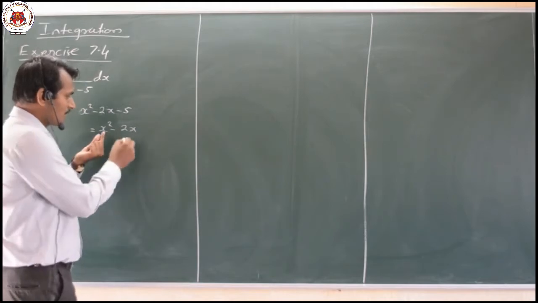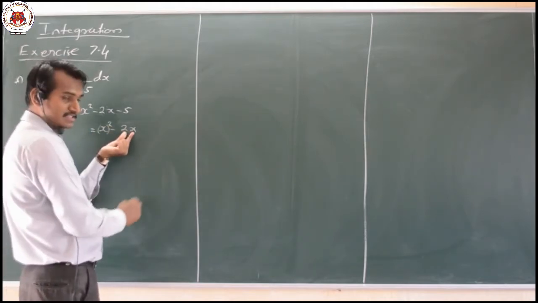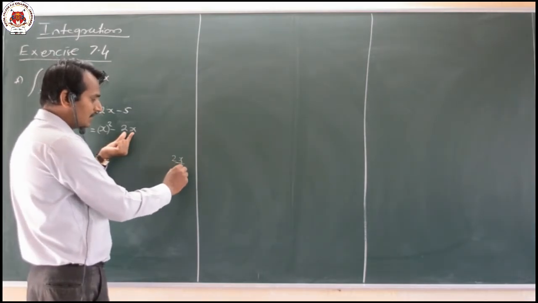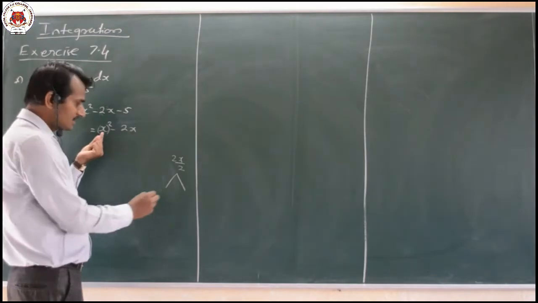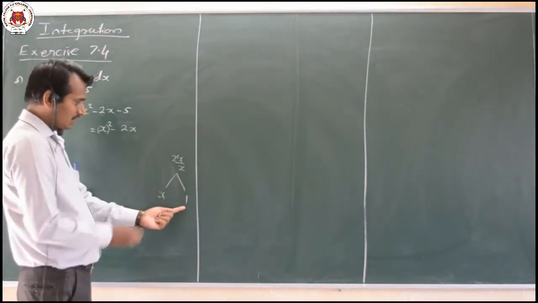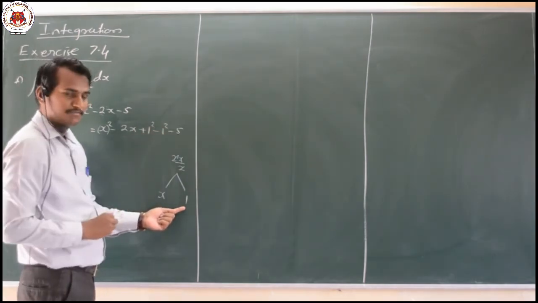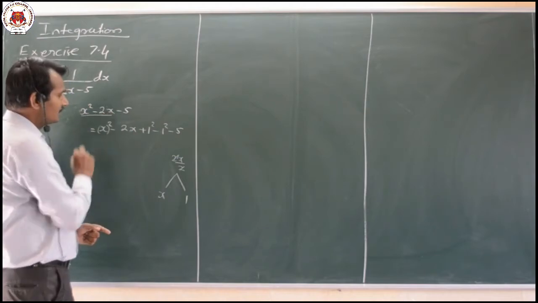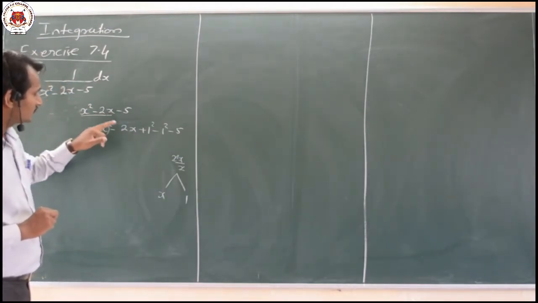So what I will do is, this is x square obviously, then 2x is there. I will divide 2x by 2, which gives 1 times x, and the remaining part is the 1 here. This 1 I will add and subtract: 1 square, minus 1 square, minus 5. First of all you have to take these two terms, x square as it is, then minus 2x as it is.